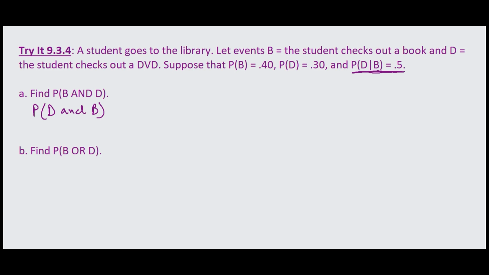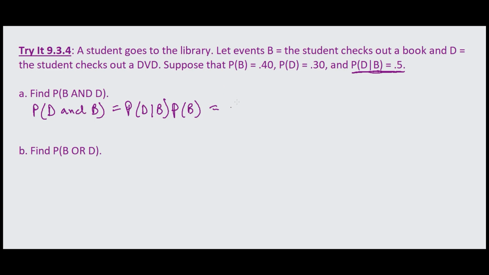But that way we can formulaically use the multiplication rule, because then we know that this probability of D and B equals the probability of D given B times the probability of B. The probability of checking out a DVD given that they checked out a book times the probability of checking out a book.